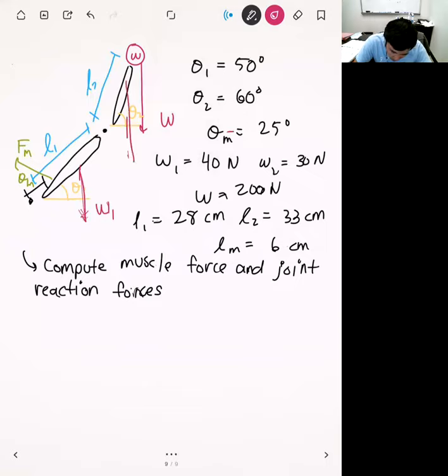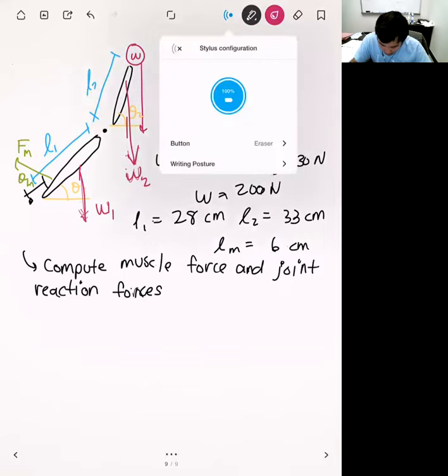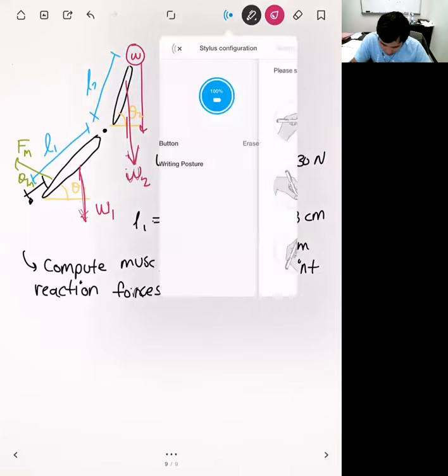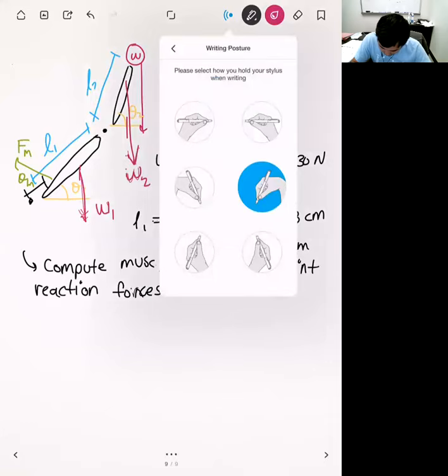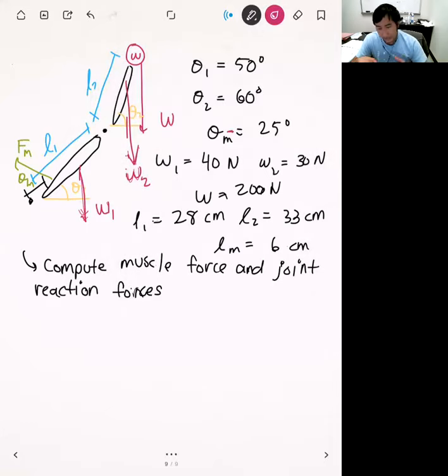And then we have the weight of the lower arm, and so this one will be W2. All right. And so that's all the forces. And so let's go ahead and sum up the moments around the joint.